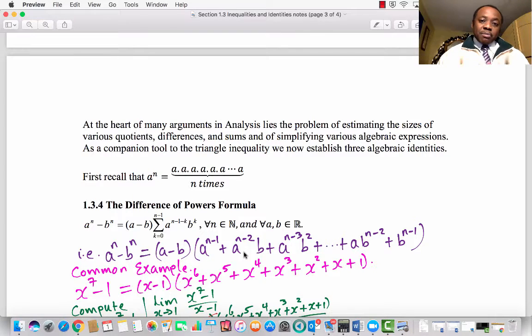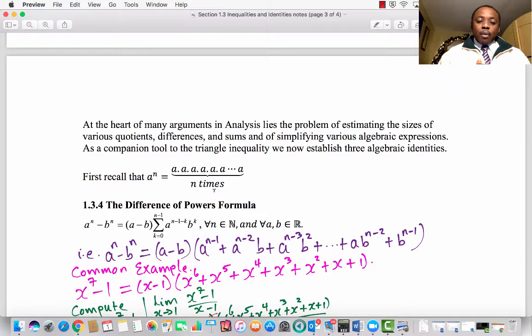But before we get there, I want you to recall that A raised to the power n equals A times A times A times A times A, n times. Okay? Now, let's go ahead and dig in and see those 3 algebraic identities.